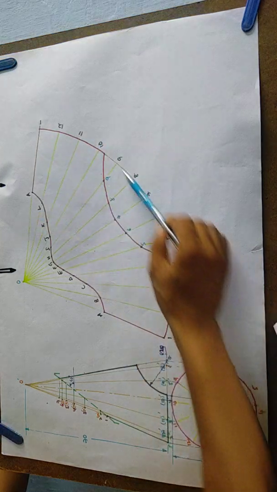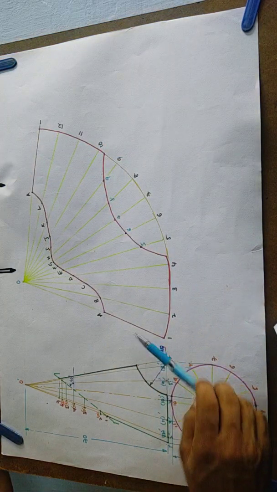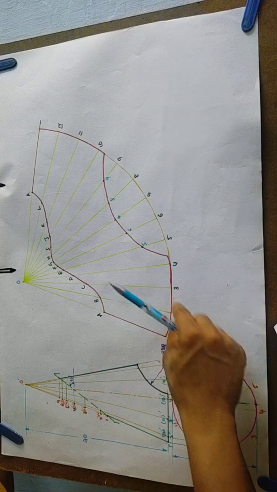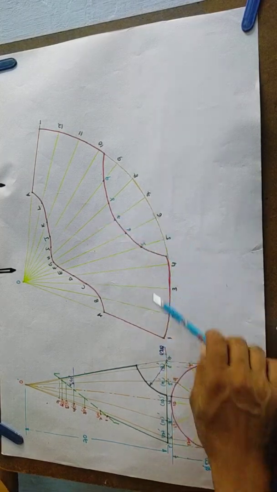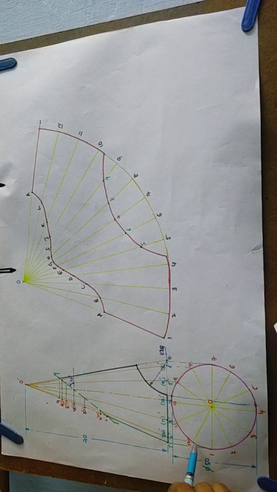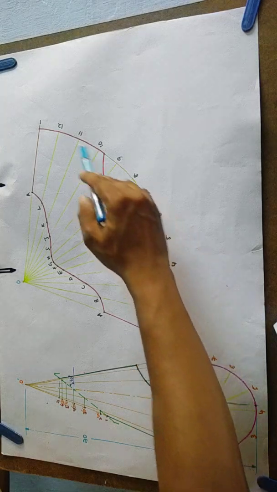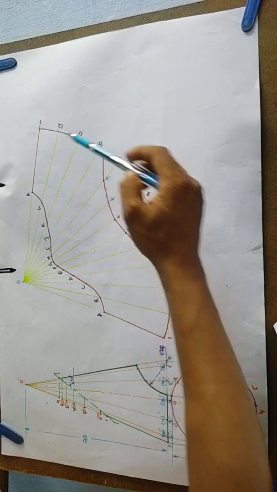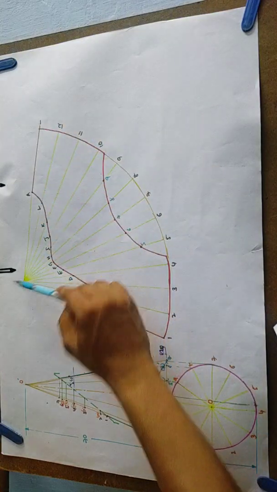Initially just draw one arc. After drawing the arc, take the measurement of the arc length of the division and cut the arc for 12 divisions, because it is divided into 12 divisions. Same number of divisions you have to consider on this curved line also, that is wherever the 12th division is ending, from there you just close it.